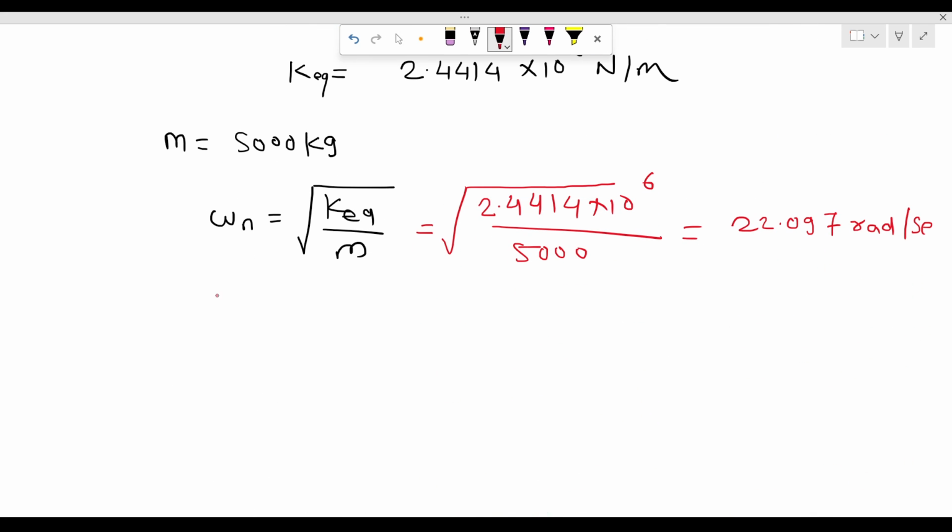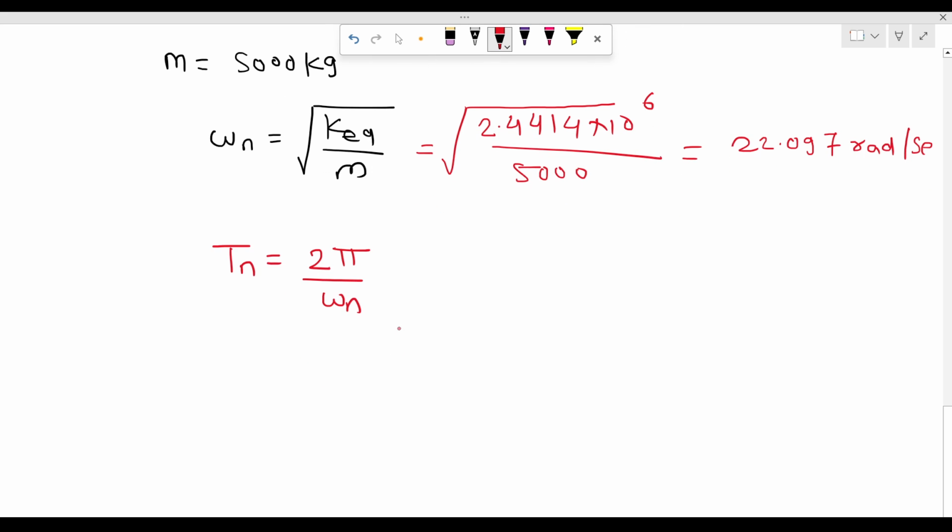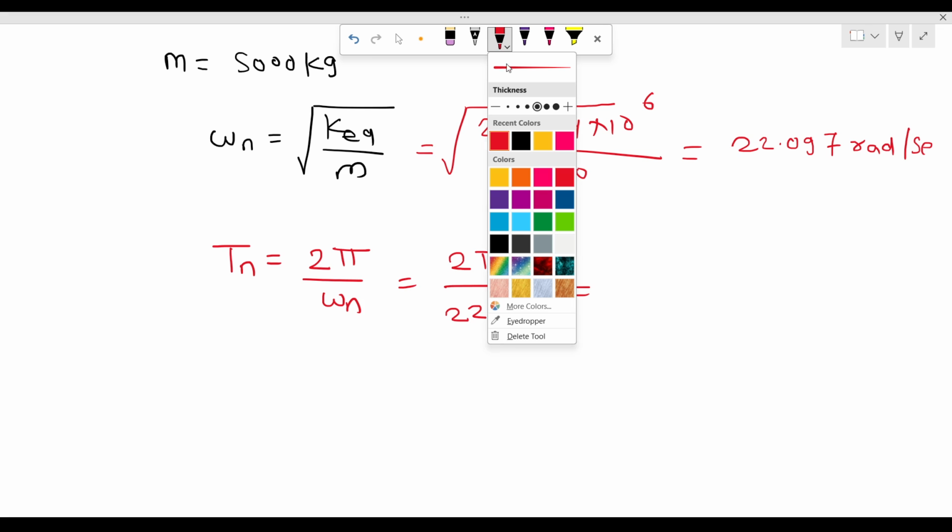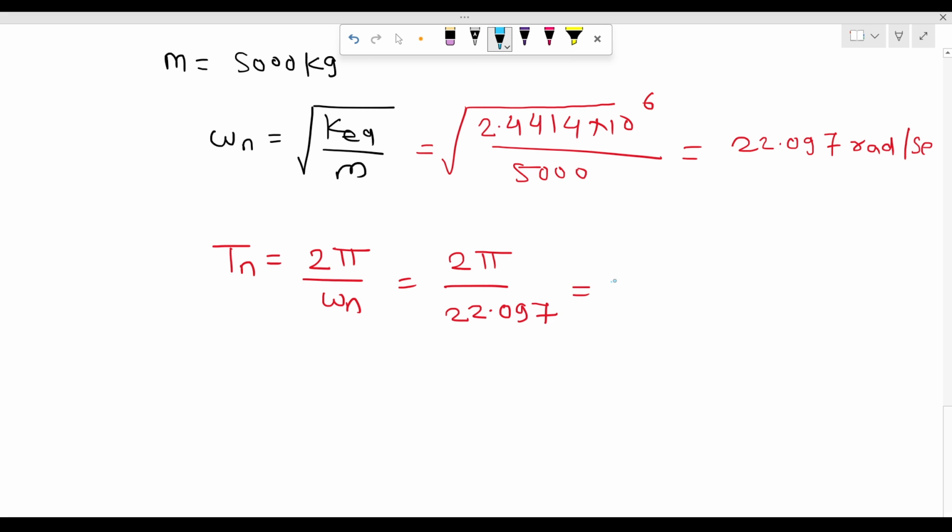Now the time period Tn is equal to 2 pi upon omega n, that is equal to 2 pi divided by 22.097. So I can write here the time period 0.2843. So this is our first step to calculate the time period.